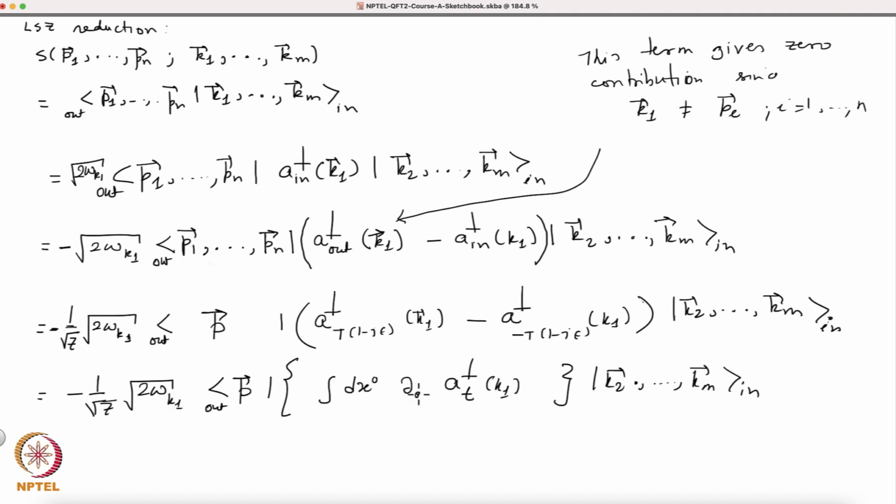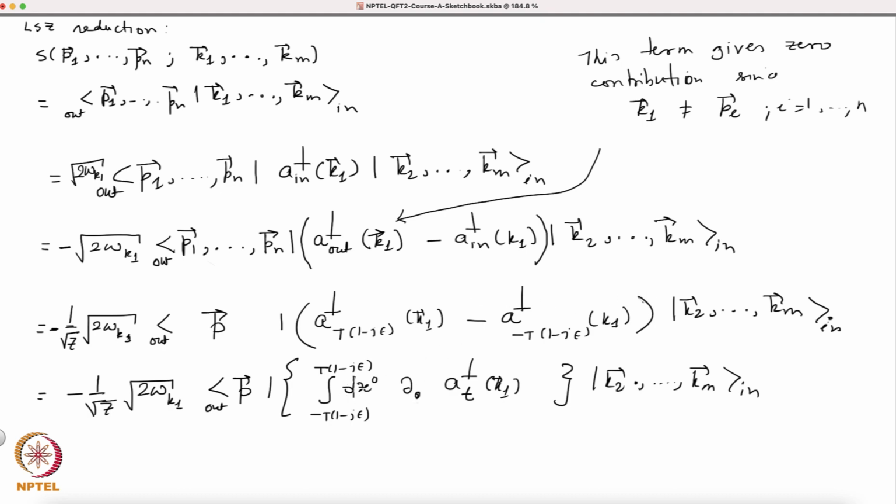Now this is a derivative, and then you do an integral. So that integral will give you just a_t dagger k1. Okay, and you have to put the upper and lower limits. So if I put upper limit as this and lower limit as this, then you see that whatever I have here in curly brackets is the same as what you have in the brackets in the above expression, right?